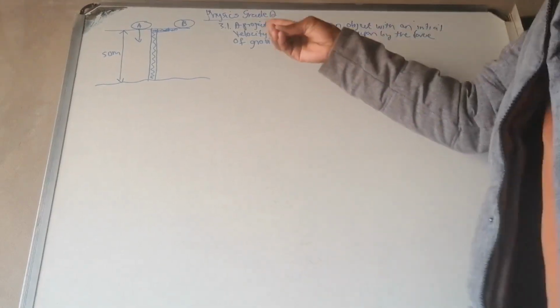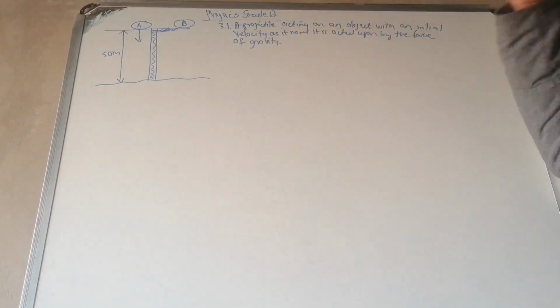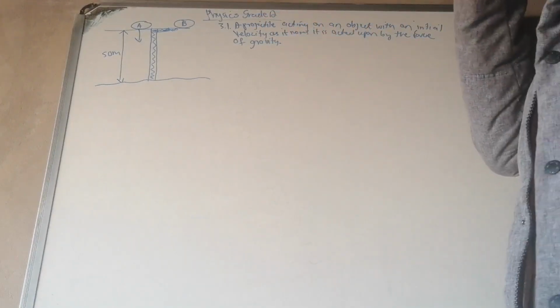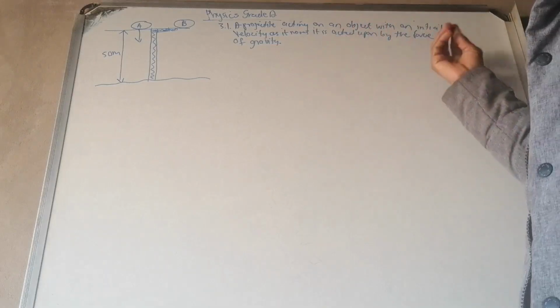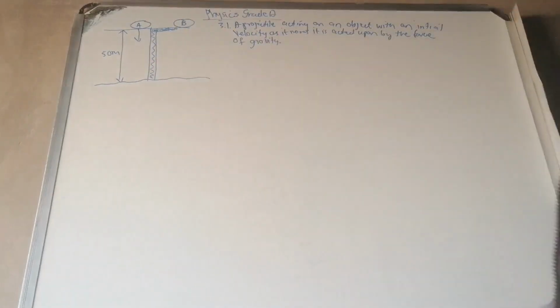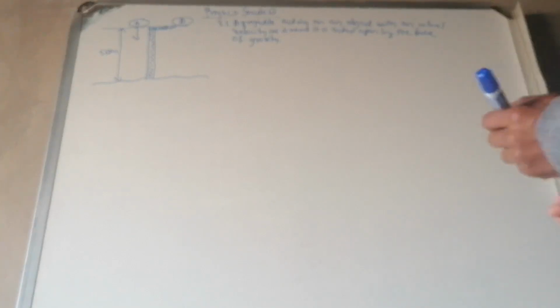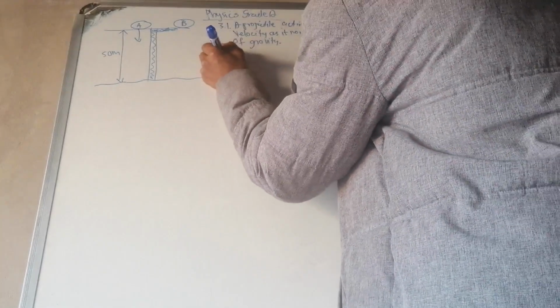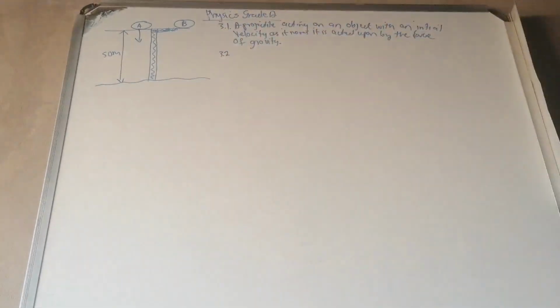So I'm saying a projectile is an object with an initial velocity that, as it moves, is acted upon by the force of gravity, and that is exactly what is happening in this scenario. But you can go and find your own prescribed manual to explain it the way your teacher will approve.